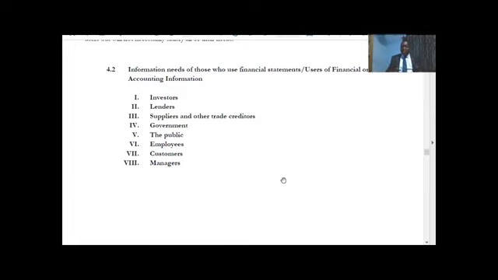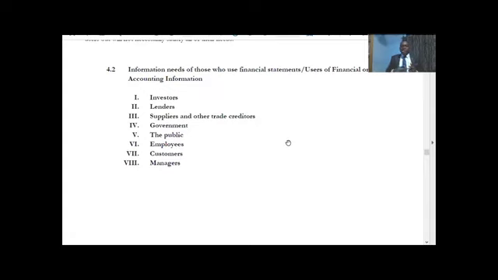Then we will discuss, brainstorm, and polish them for it to be at our fingertips, because these are examinable areas. You must pay particular attention to some of these areas. Okay, good. So the users of accounting information and their information needs: we've looked at investors, lenders, suppliers and other trade creditors, and the government.